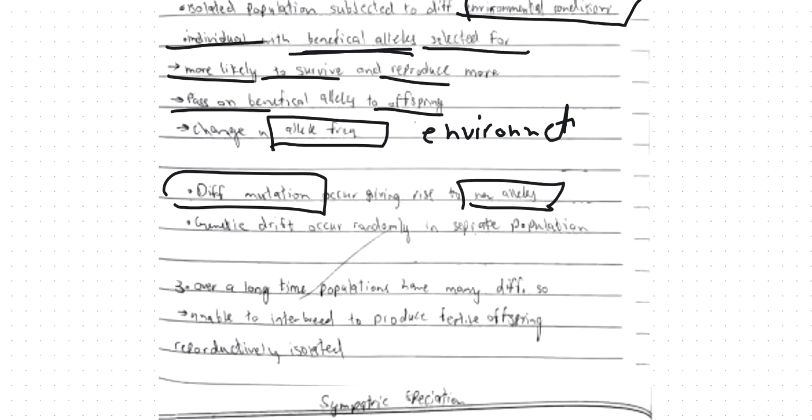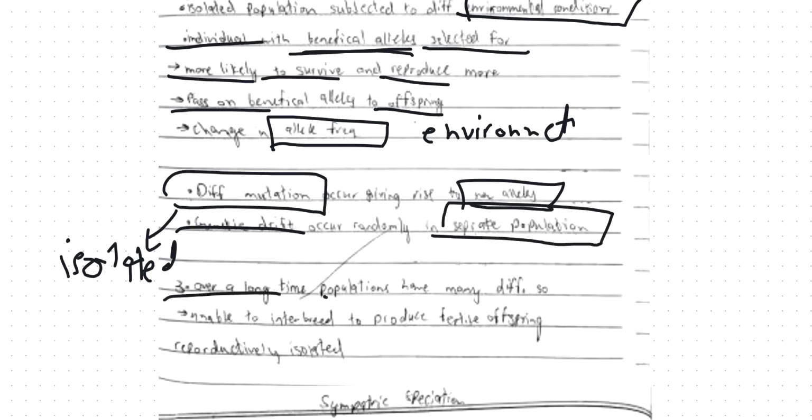And this causes genetic drift, because genetic drift is when you're isolated from one population. So genetic drift happens due to mutations, and you'll have separated populations. Over a long time, populations have many differences, so they are unable to interbreed or reproduce together.